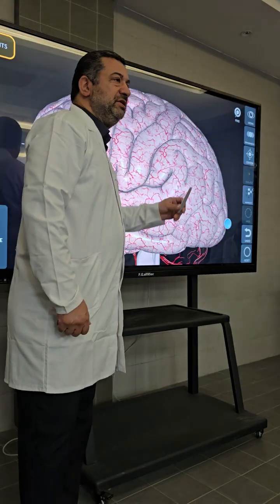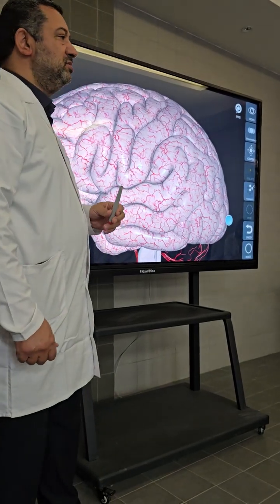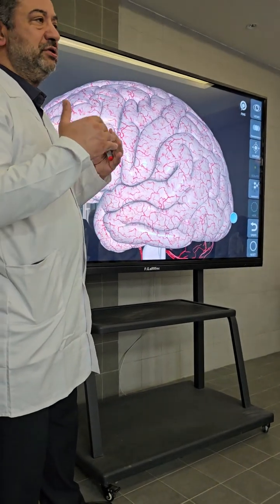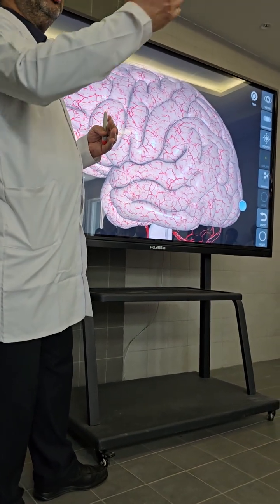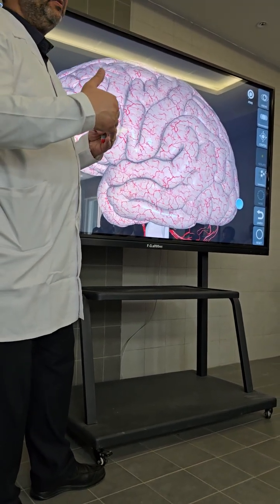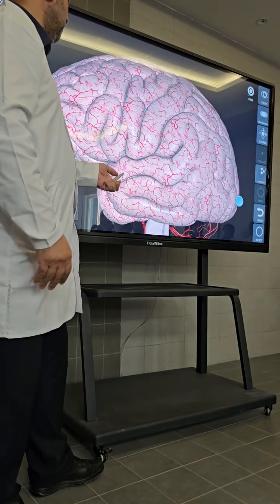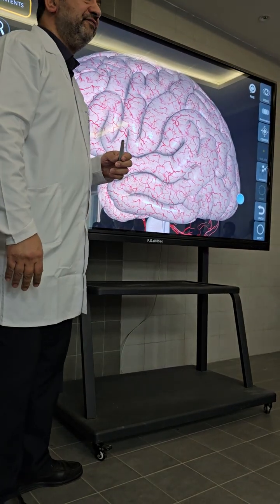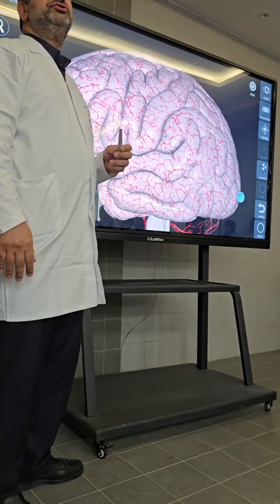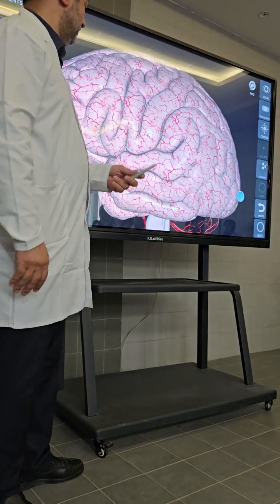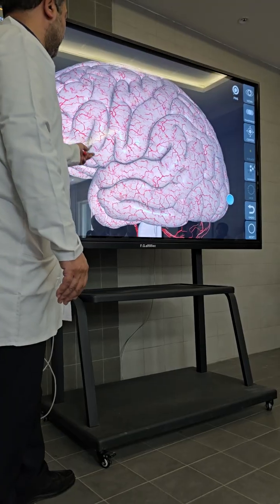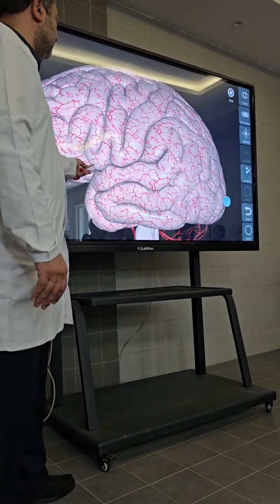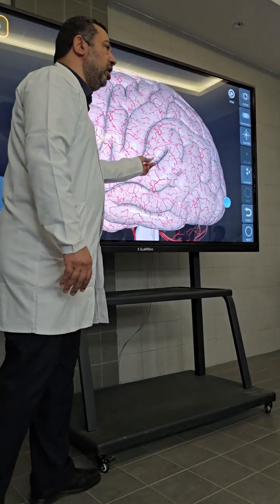The lateral sulcus or Sylvian sulcus starts near the anterior perforated substance, between the frontal and temporal lobes, and goes laterally, and on the lateral surface divides into three branches: ascending branch, anterior horizontal branch, and posterior branch.